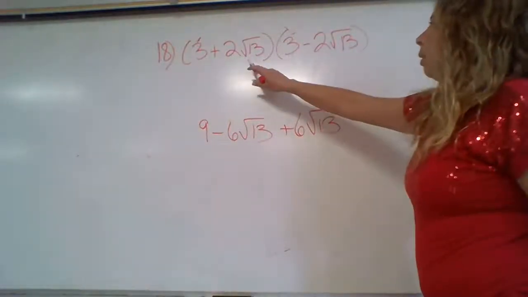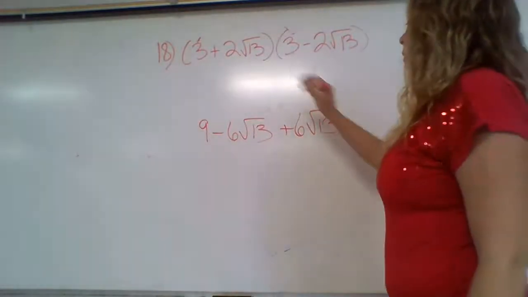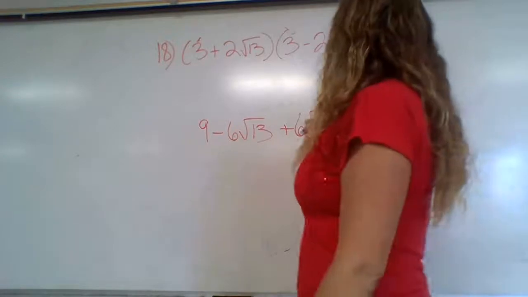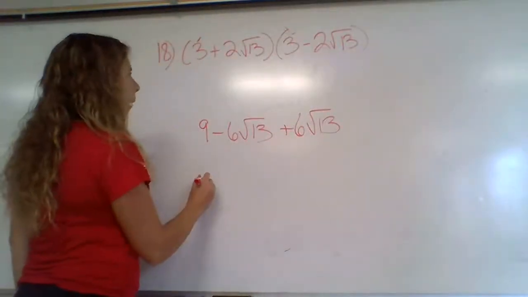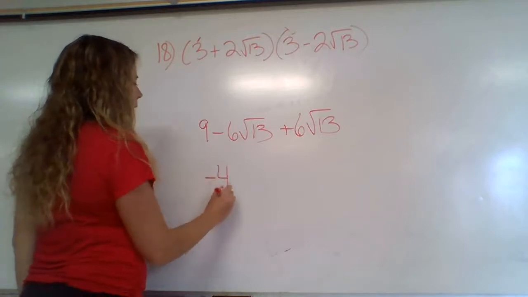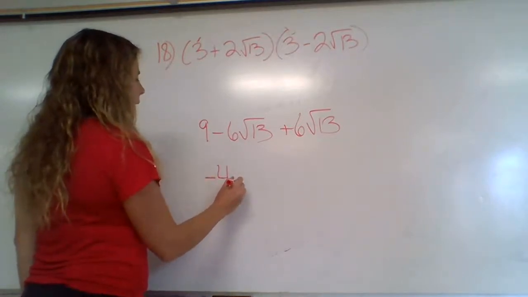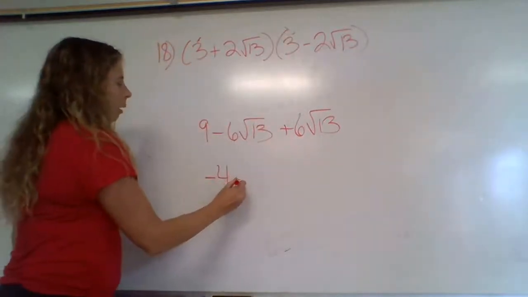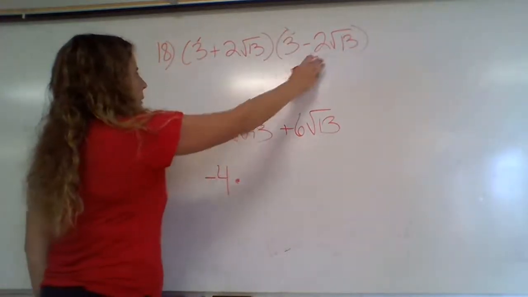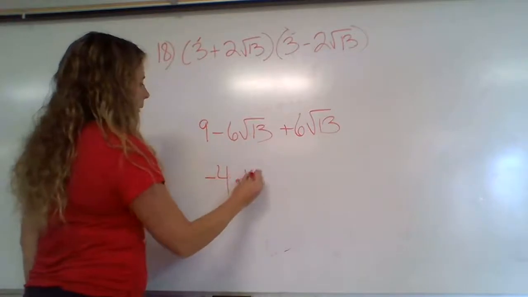And then you multiply these two together. 2 times negative 2 is negative 4. And then you have the square root of 13 times the square root of 13, which is 13.